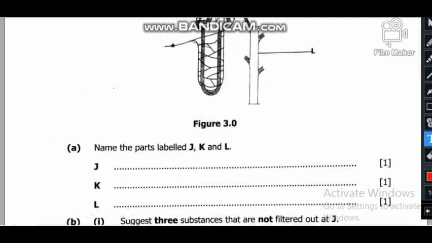So we have J, we have said this is a glomerulus. Then we come to K, we have said it's a Bowman's capsule.